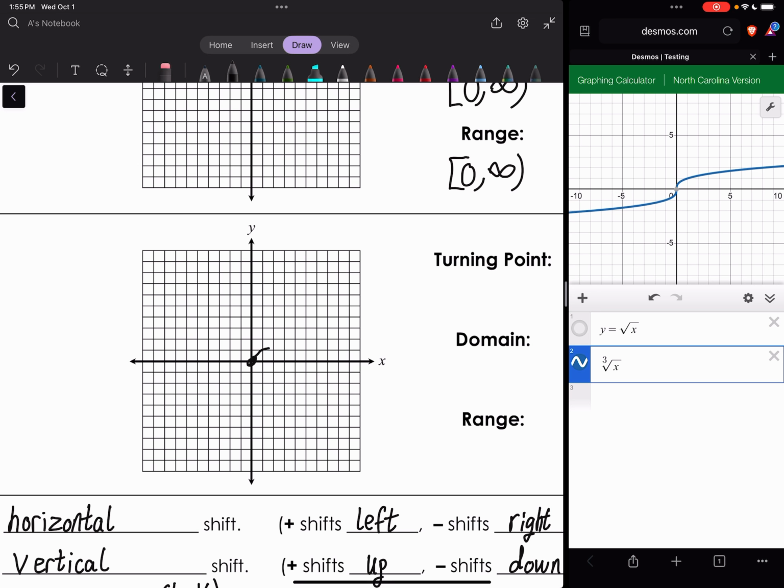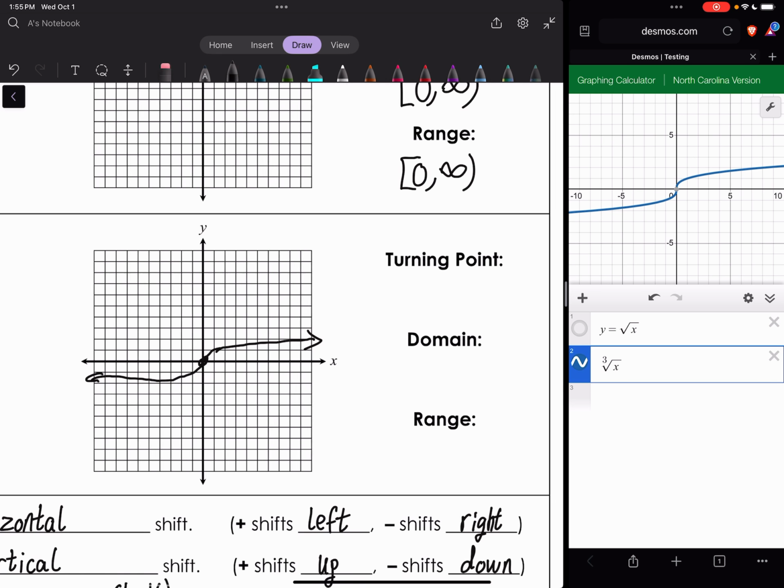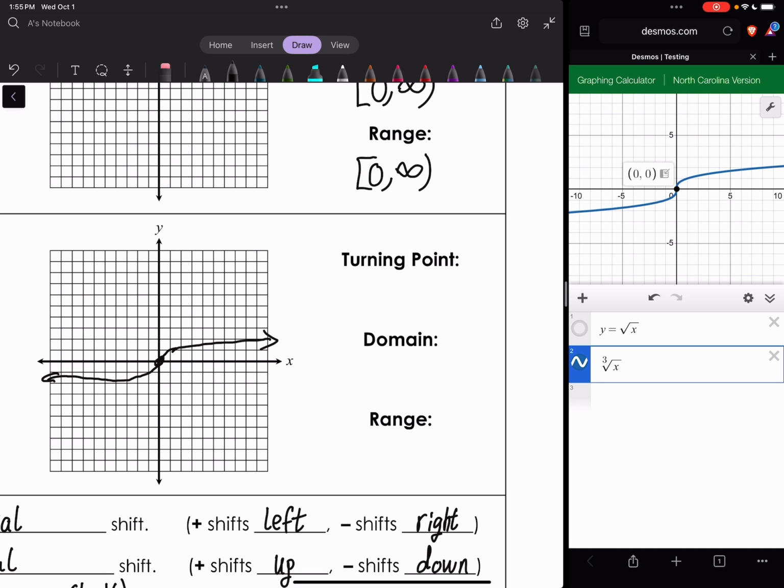It does touch the origin, and it looks like that. Turning point is at 0, 0. So turning point is more or less the middle of the graph. My domain is all real numbers, and my range is all real numbers.